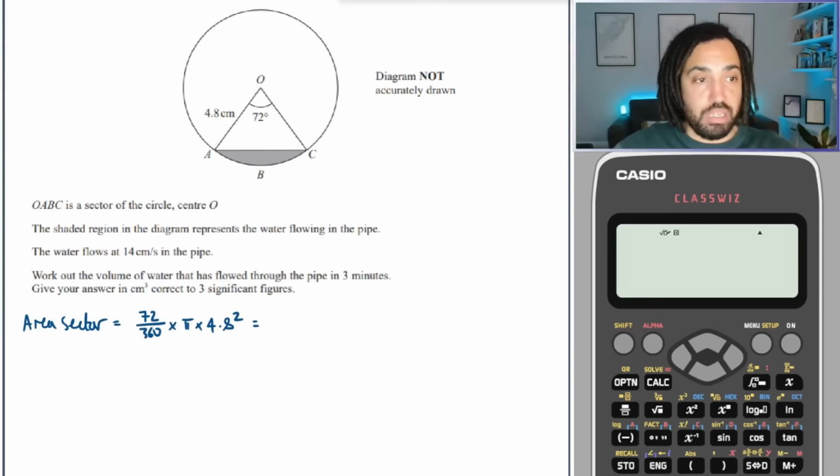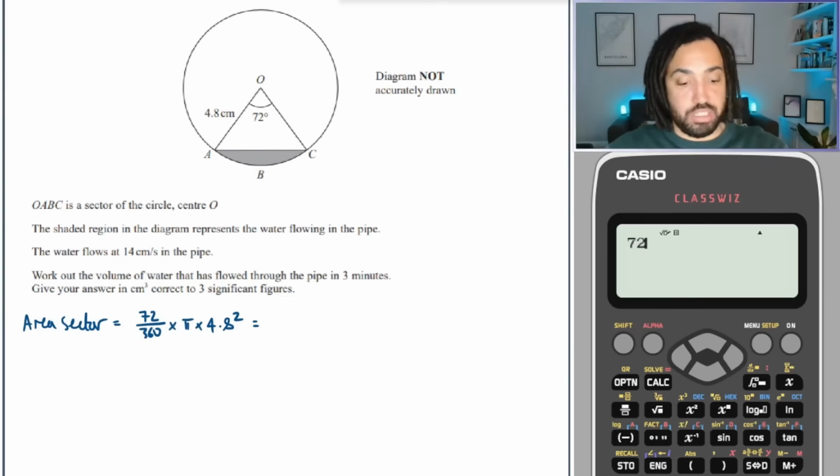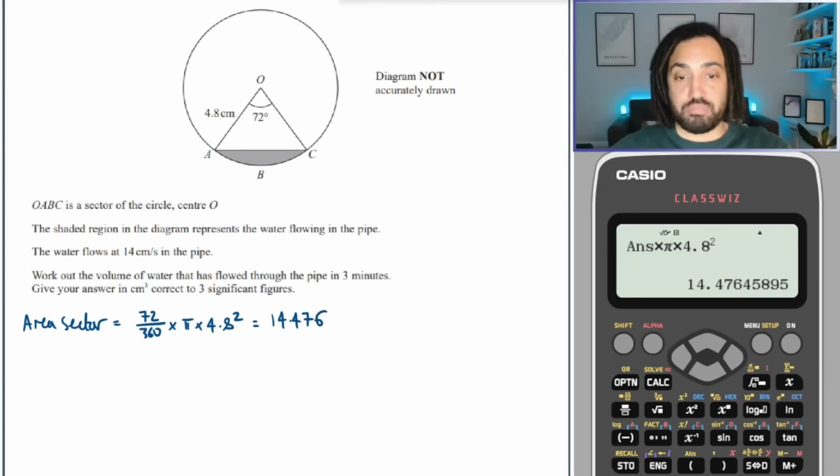So on our calculators, we could do that. So that's 72 over 360, and we're going to times that by pi, and we're going to times that by 4.8 squared. And we are going to get 14.476.